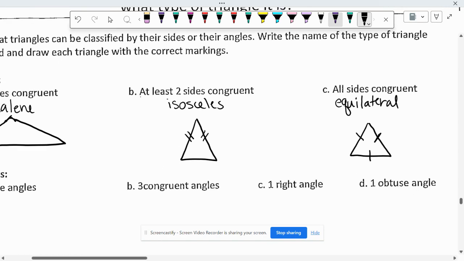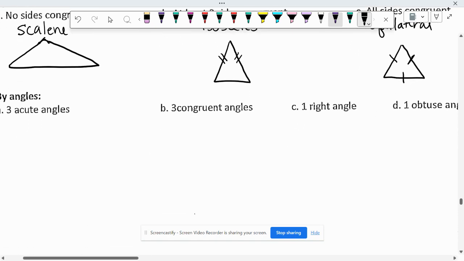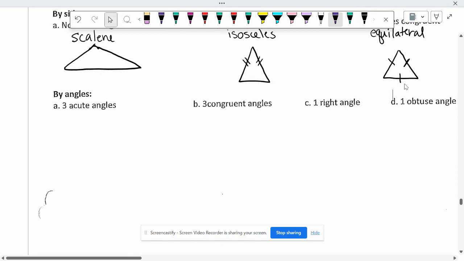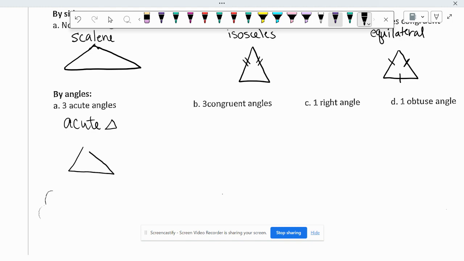So the next 4 examples have to do with angle measures. If I have an acute triangle, that just means that all 3 of the angles are less than 90 degrees.